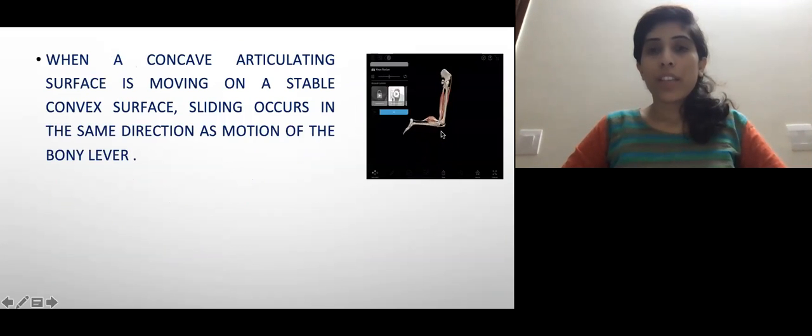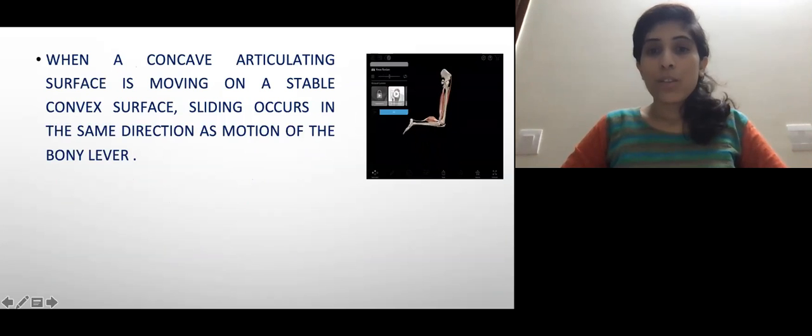Again, we'll take another example, that is an open kinematic chain example, knee flexion. Here, the concave articulating surface is moving on the stable convex surface.